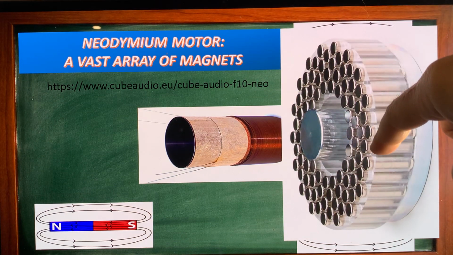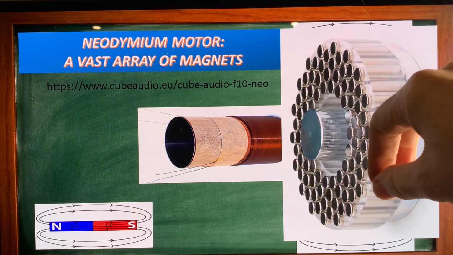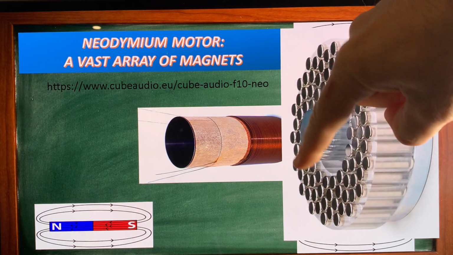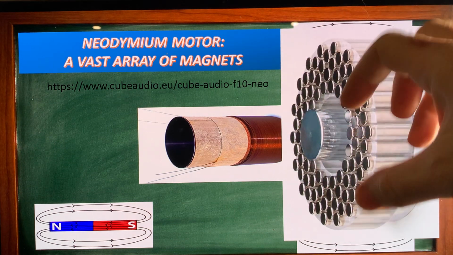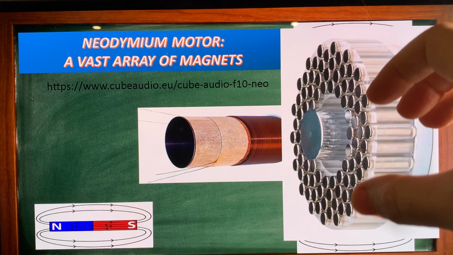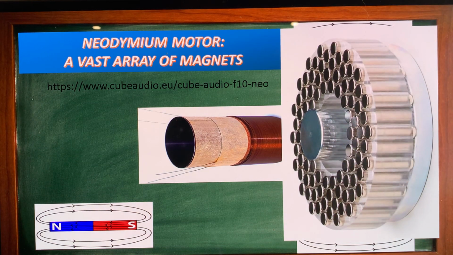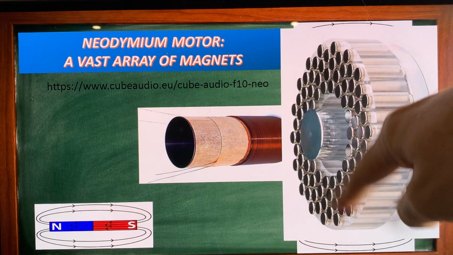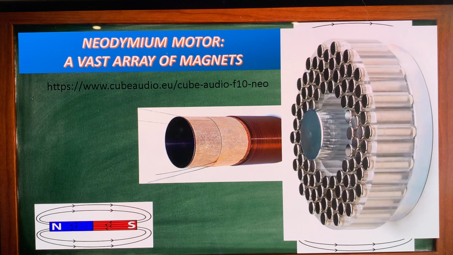But here, in the case of the neodymium, you have dozens and dozens of magnetic generators, each generating their own magnetic lines, and they try to create these nice magnetic loops, and they have to basically distort their magnetic lines, because each of these magnets is just pushing its neighbor.